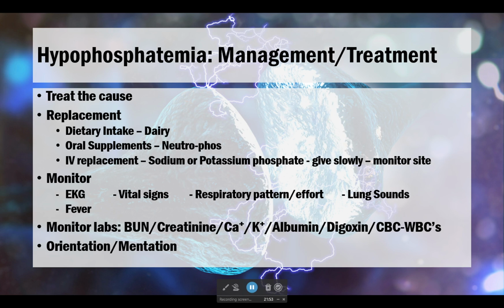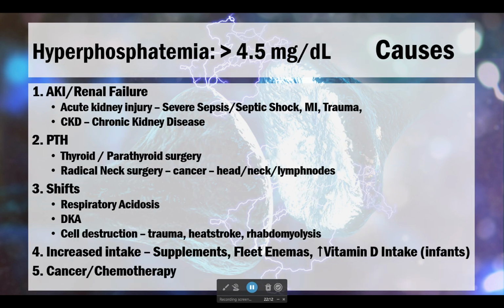Do we have adequate and they're not working, or do we have inadequate and we've got another problem? And as with almost all the other electrolytes, maintaining a diligent attention to orientation and mentation. Those subtle mentation changes can be some of the earliest warning signs that we have an issue. Next, we will move our attention to hyperphosphatemia.